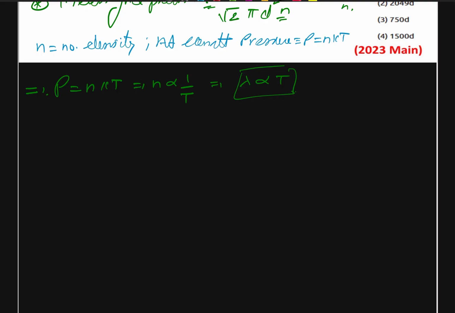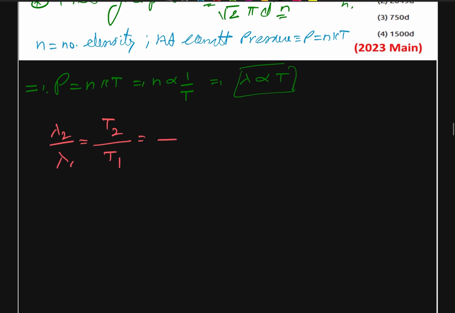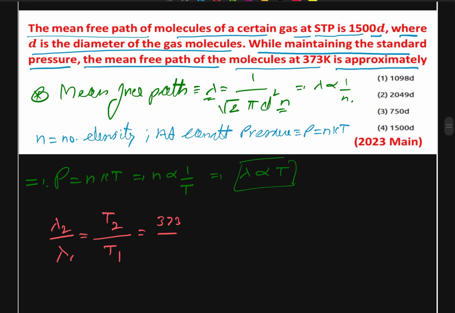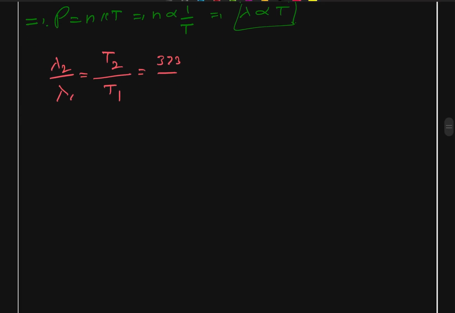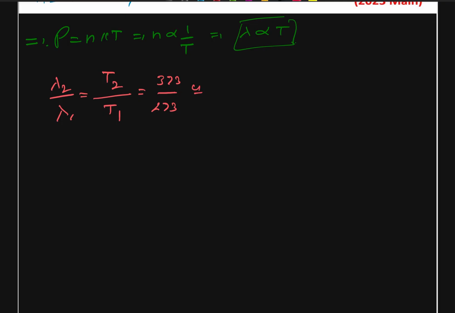So we can write this formula in the form of ratio. We can say our lambda 2 upon lambda 1 will be equal to T2 upon T1, and this T2 is our 373 Kelvin, so this becomes 373, and T1 is our standard temperature pressure, which is our 273 Kelvin, and this ratio will be approximately equal to 1.36.